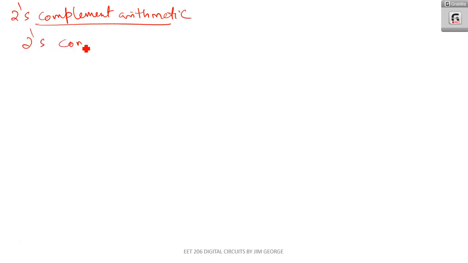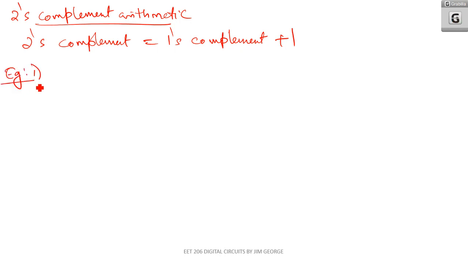Two's complement is basically ones complement plus 1. Okay. So here I will give you an example. Okay. Then it will be clear. Subtract 14 from 46 using two's complement arithmetic.